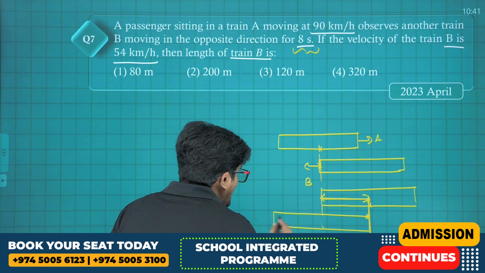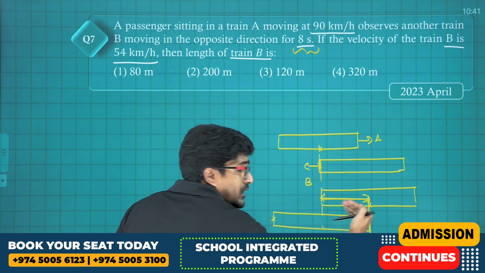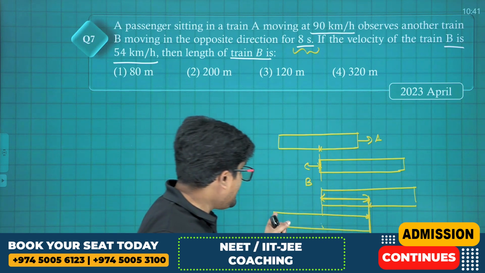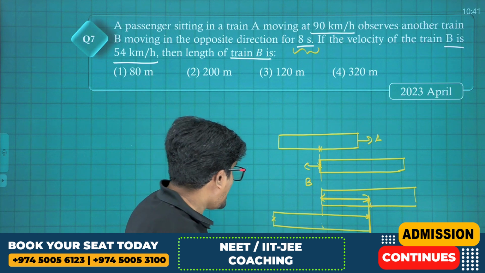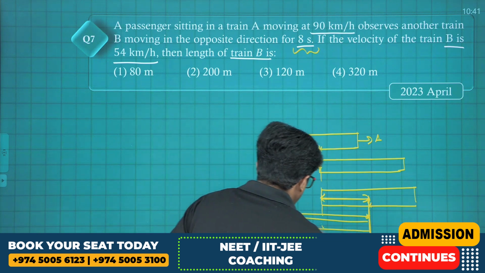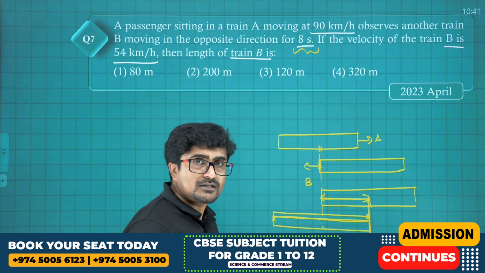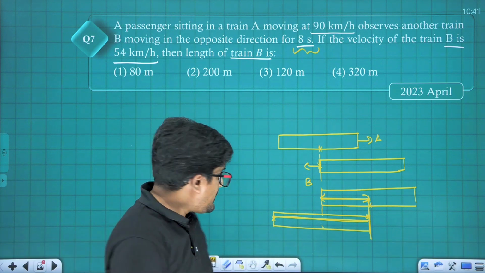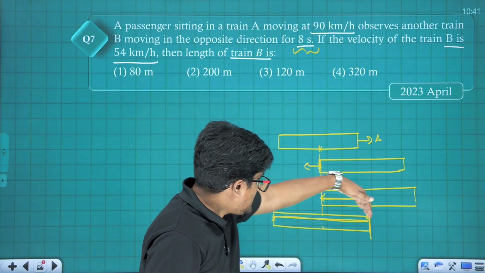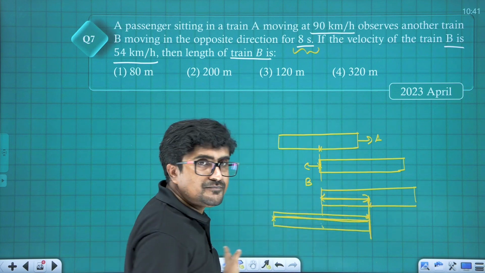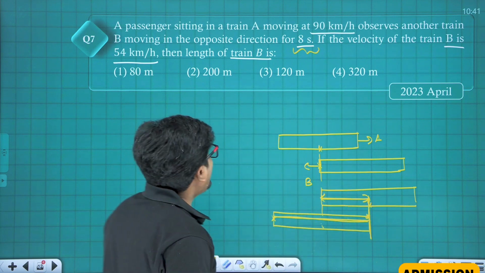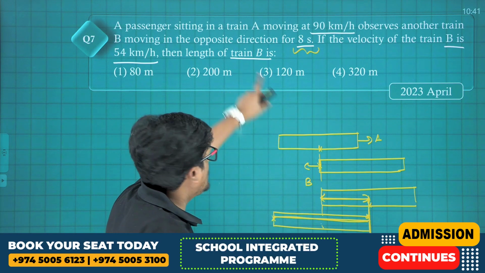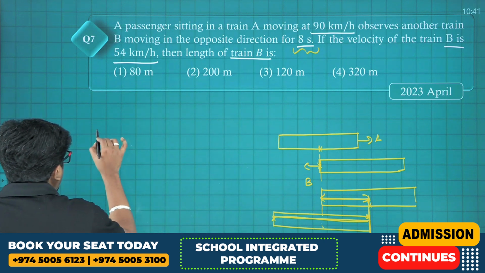So basically the relative distance that he crossed is exactly the length of the train, isn't it? With respect to this particular person, this much length has just crossed. Are you getting me? That length crossed is what we need to find out, the length of the train B.